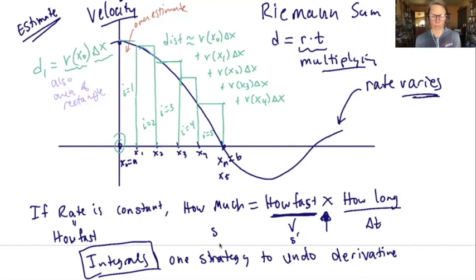Good. So how could I improve accuracy? I could improve accuracy by doing a different shape. So for example, a trapezoid, or I could do more rectangles.